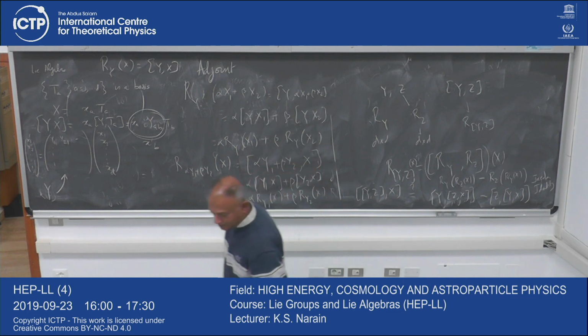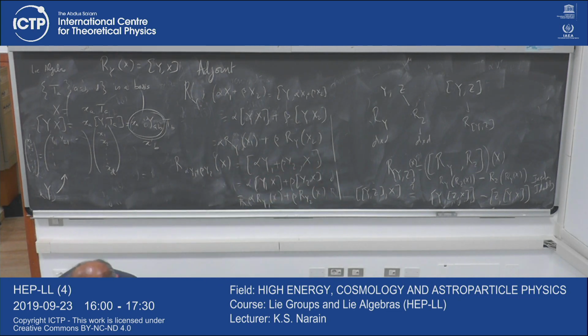Okay, so this is fine, but now let's go back to SU(2). Now, this is a general discussion, right? Now we specialize to the SU(2) case. How did you define the fundamental representation? Of course, already the two-dimensional Pauli matrices were 2 by 2 matrices.